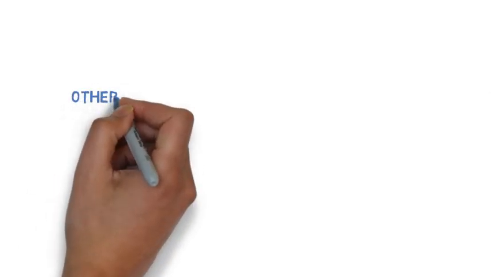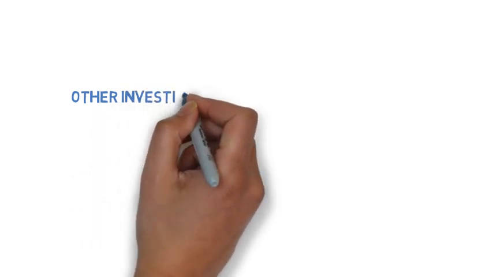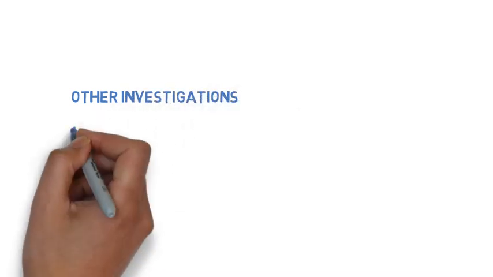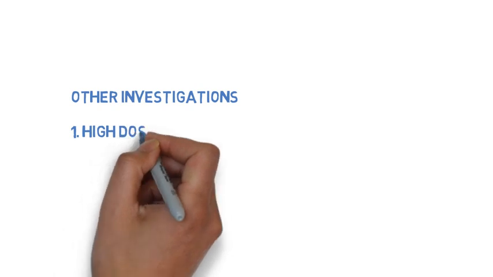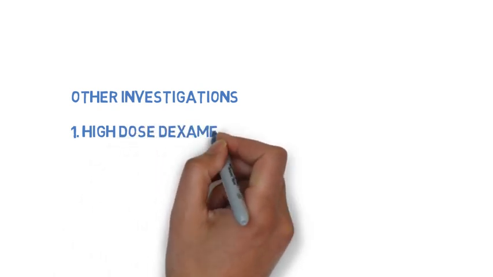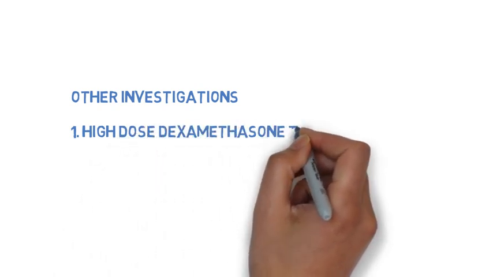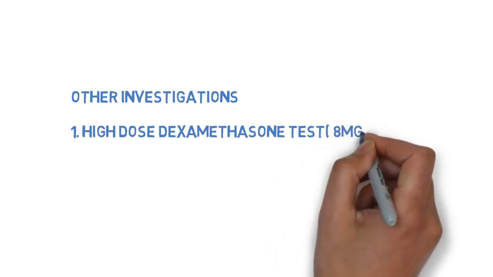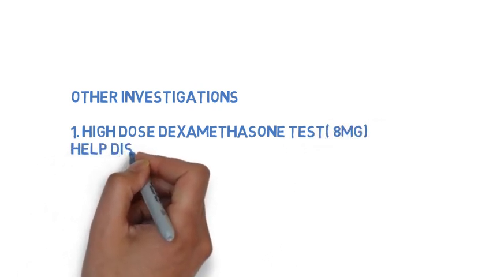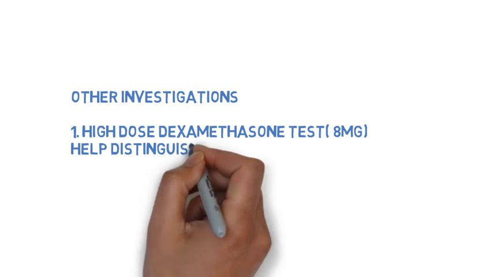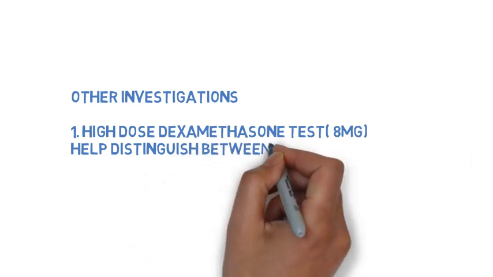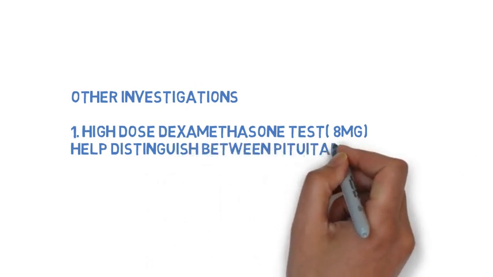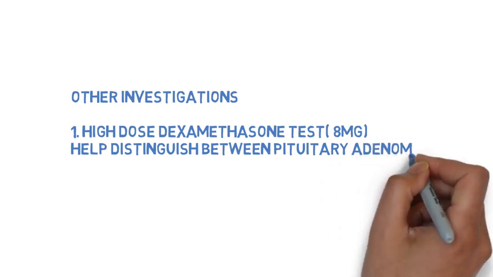And another investigation you can do after these initial investigations is the higher dose of dexamethasone. Give a patient 8 milligrams, and this helps tell us if the cause of Cushing syndrome is coming from the pituitary. And normally if it's coming from the pituitary, that higher dose of dexamethasone will kick in.